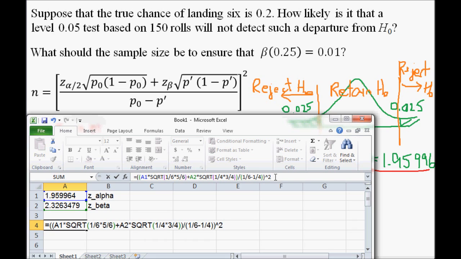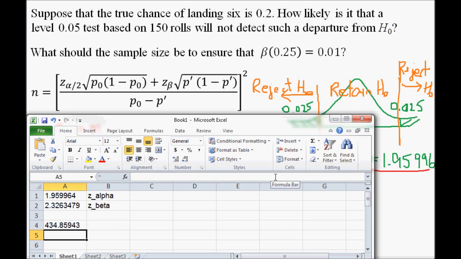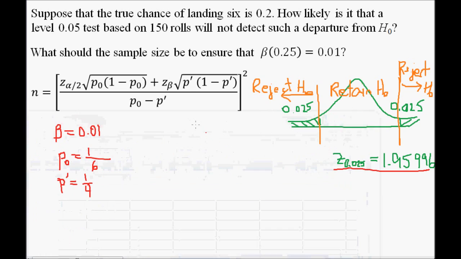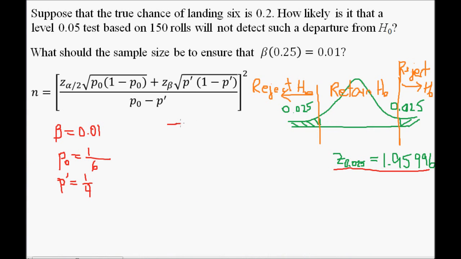And so I believe I typed it in right, and it looks like I need 435 rolls in order to be able to ensure that the beta is equal to 0.01, or a power of 99%. So the answer is 435, just simply plugging in to Excel or a calculator and being careful not to make a mistake.